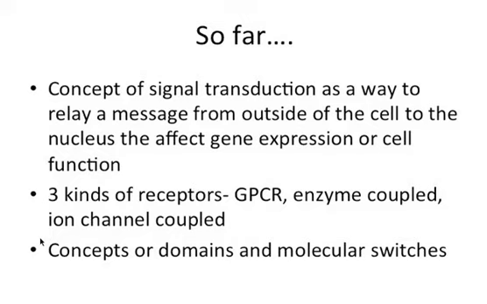There are three kinds of receptors that I introduced, and we're going to start going through them today: GPCRs, which the Nobel Prize was won for the other day, enzyme coupled and ion channel coupled. And then we talked about the concepts of domains within proteins, the business ends of different proteins, and molecular switches, GTP binding proteins, and proteins whose function are affected by their phosphorylation status.